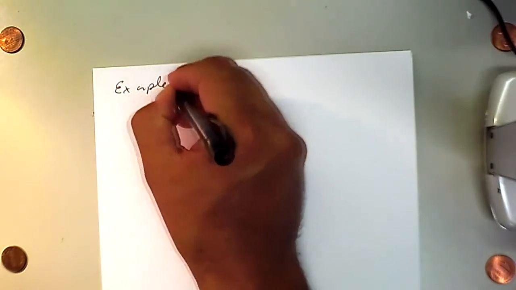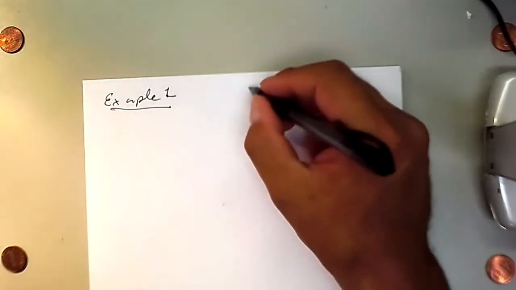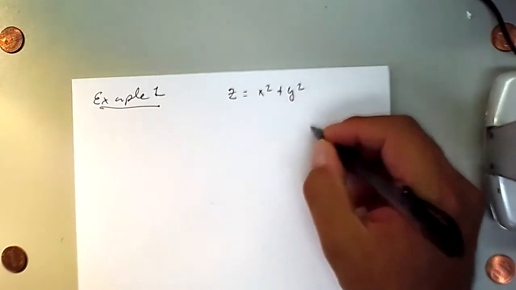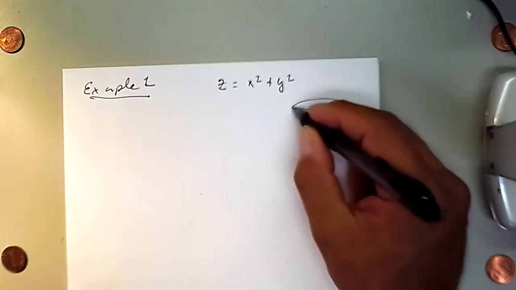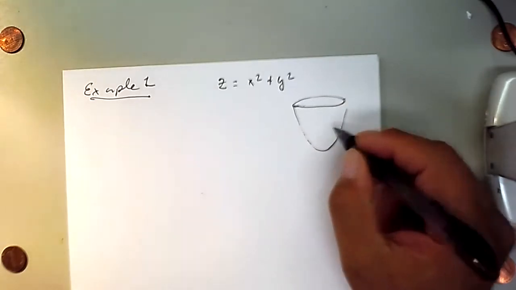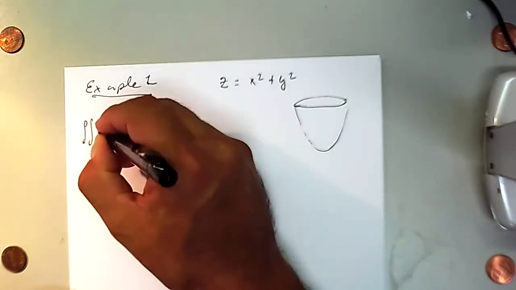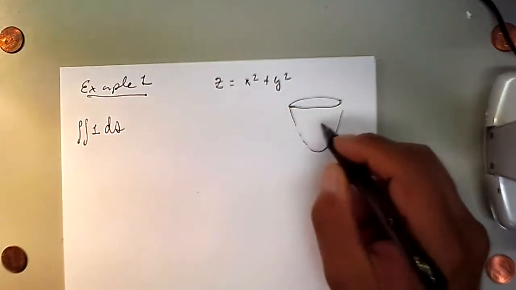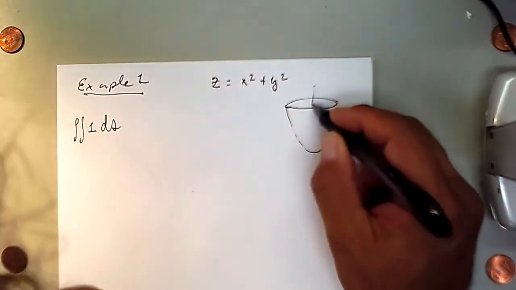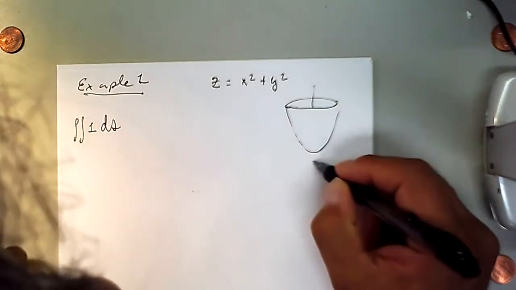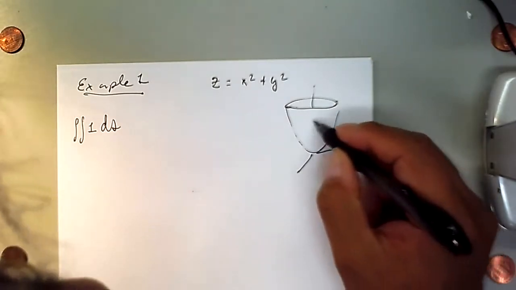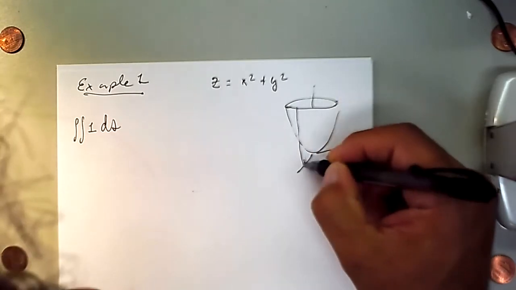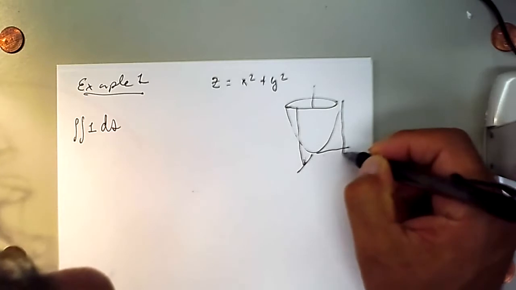So start with example 1. Pretend you have z equals x squared plus y squared. That is our paraboloid, and we want to do the double integral of 1 with respect to the surface. So this is the surface. Oh, but actually, it's not going to be all of it. We're going to split this into just a quarter. So we're going to go from here to here.